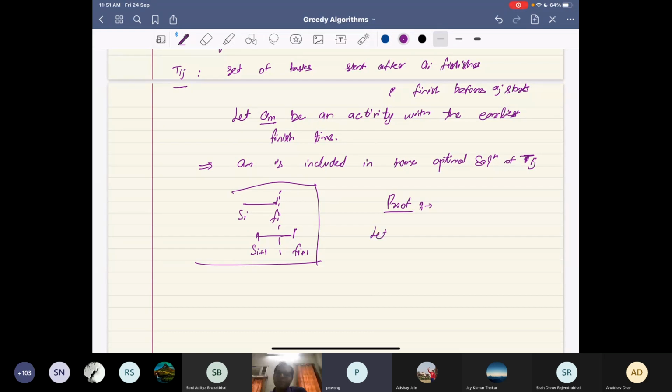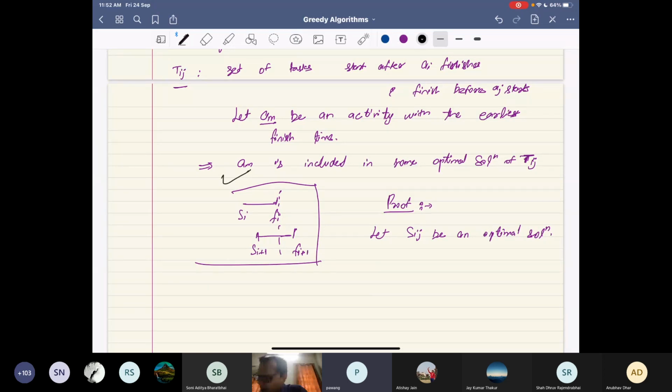So the proof: let Sij be an optimal solution, that is, the maximum subset of compatible activities within Tij. Now I am proving only whether AM is included or not.